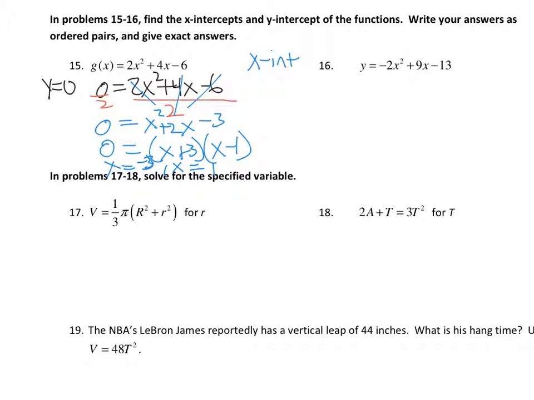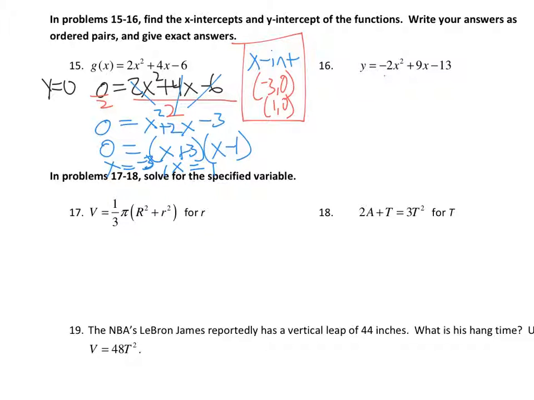Actually, let's back up a little bit. The directions say write them as ordered pairs. Let's follow the directions. These are x-intercepts, so we have a y value of 0, so negative 3, 0, and 1, 0.